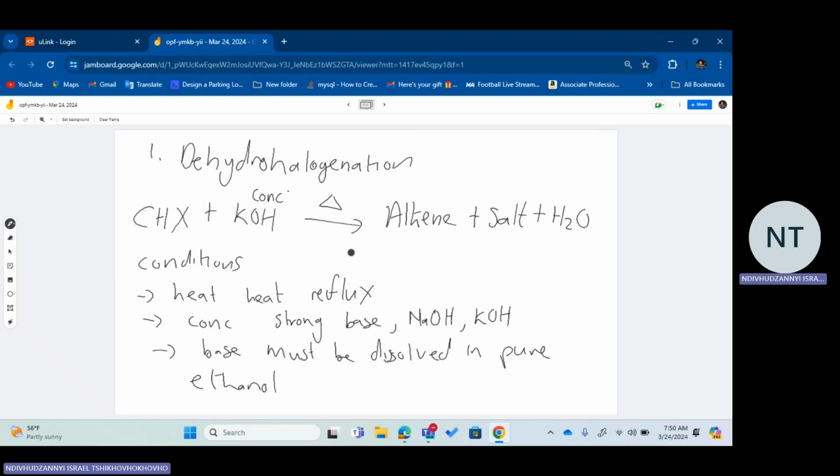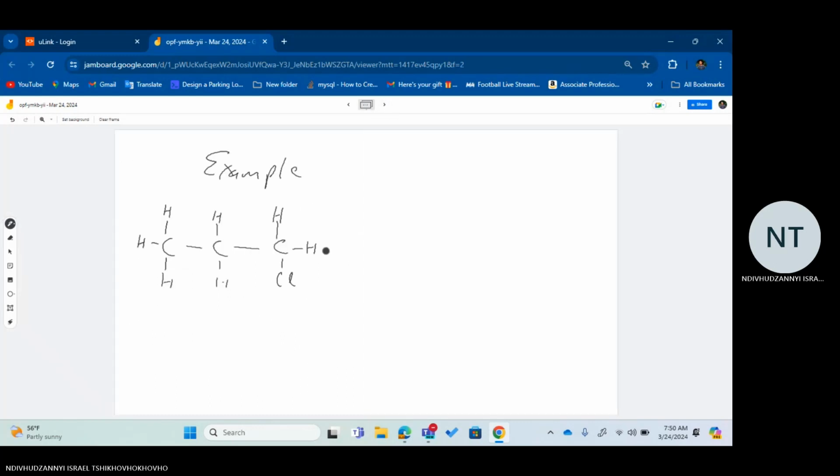Let's take an example and see how it works, right? So this is how we apply Zaitsev rule.